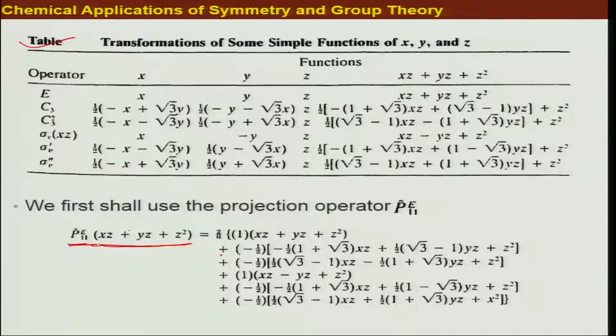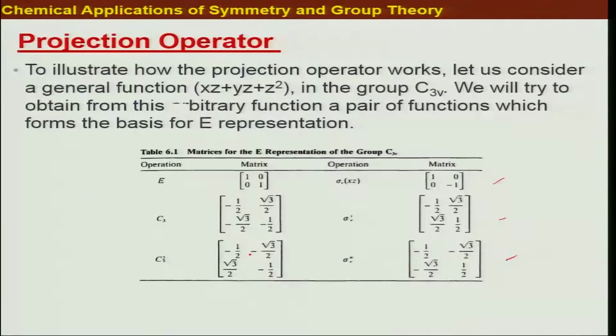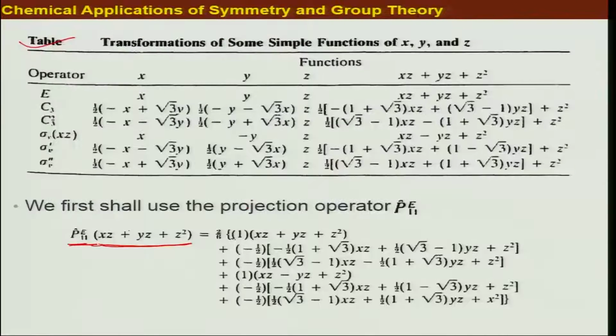So coming back, first we have to find out the 1 1 element for the C3 operation. Let's quickly go back to this one, and for C3 the 1 1 element is minus half. Let's look at this.